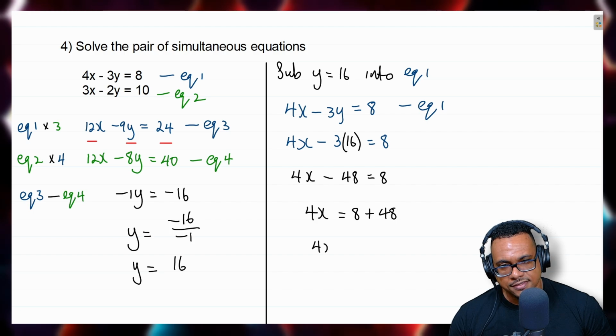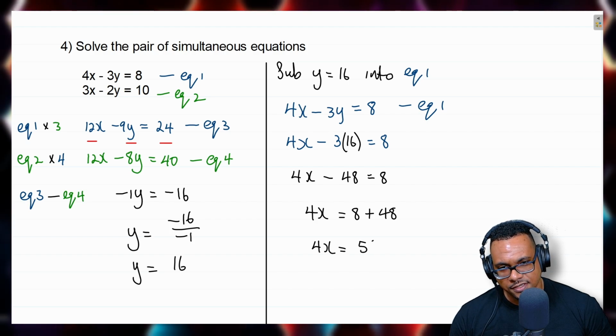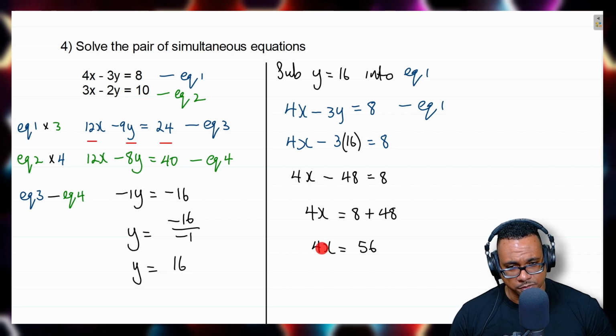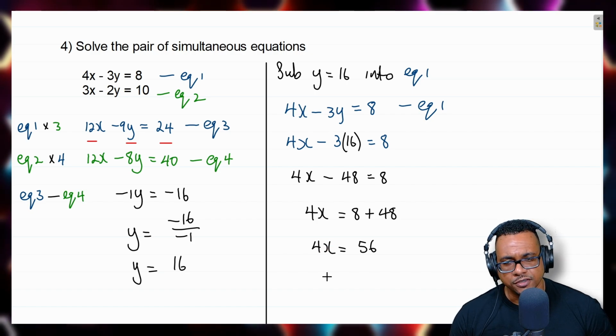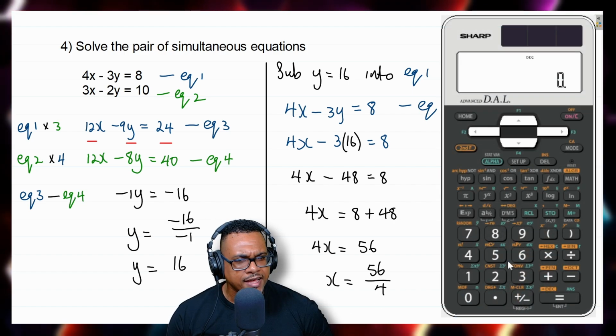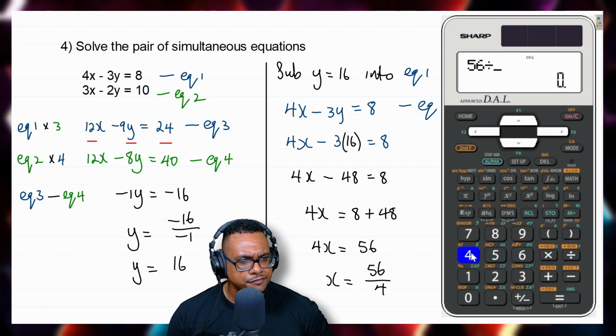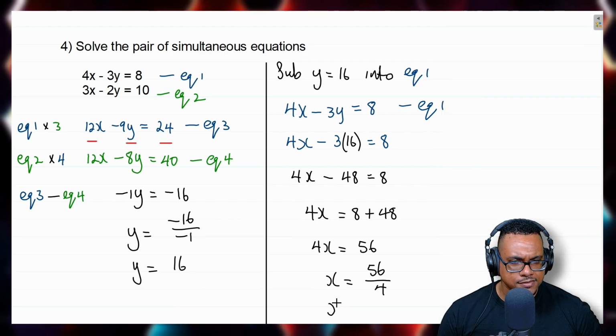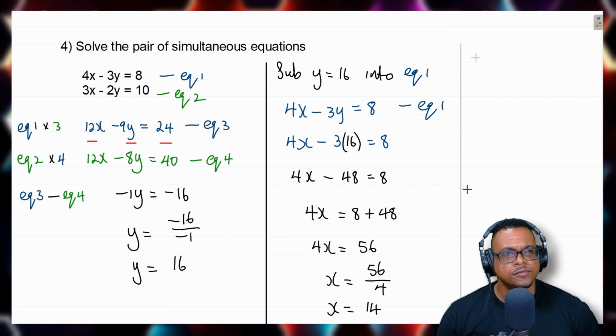So 4x is equal to 56. Now we have to transfer this 4 across, and the 4 is being multiplied by the x, so when we transfer it across, the operation changes to division. We get 56 divided by 4, and 56 divided by 4 is equal to 14. So x is equal to 14.